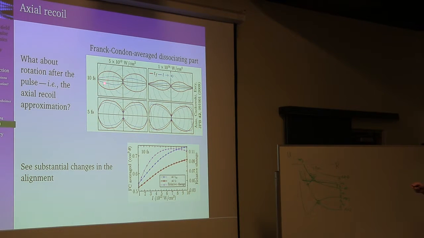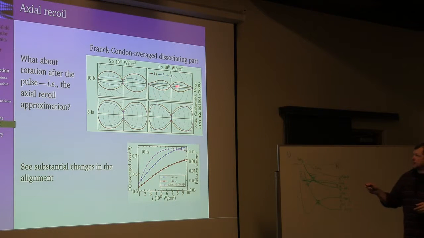And you can see that this is, okay, 10 femtosecond pulse, 5 times 10 to the 13 watts per square centimeter, 10 to the 14, and a 5 femtosecond pulse. And you can see that the angular distribution actually changes rather dramatically from the end of the pulse to T equals infinity.